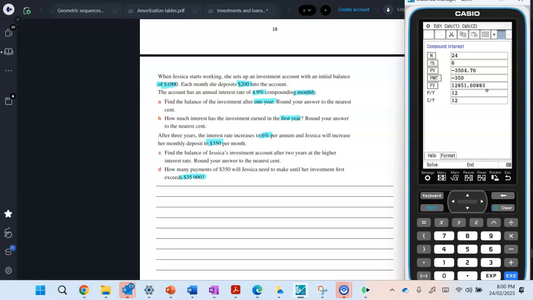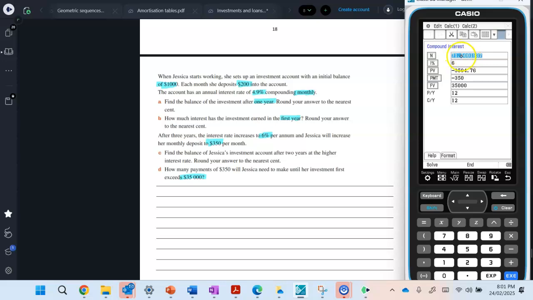How many payments of $350 will Jessica need to make until her investment first exceeds $35,000? So her future value we want to be $35,000. And that's not $35,000. So everything else is correct. We just want to change the N. So it has to first exceed.